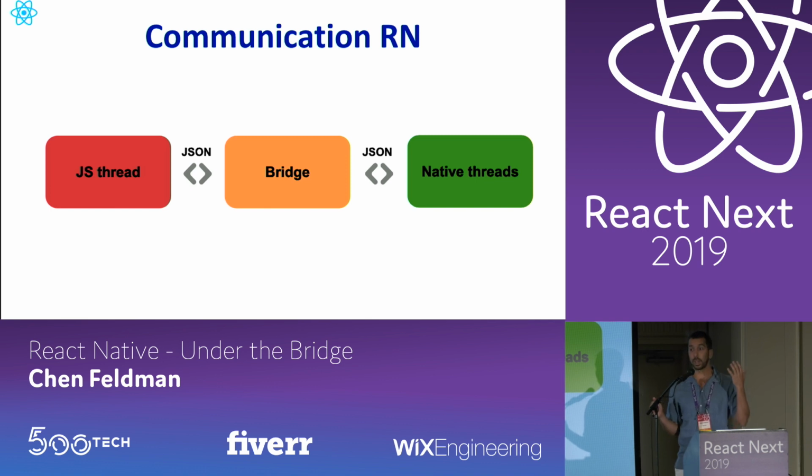One thread is the JavaScript thread. The other thread is the native thread. They want to talk between themselves, but the JavaScript is written in one language, and the native side can be maybe Swift or Java or something else, and you want a direct communication between them. So the bridge's job is to take care of this communication.